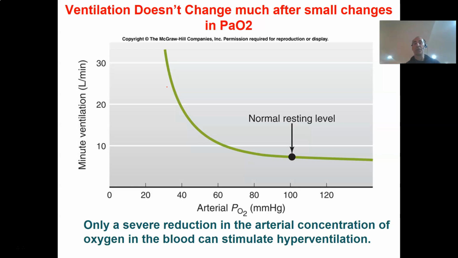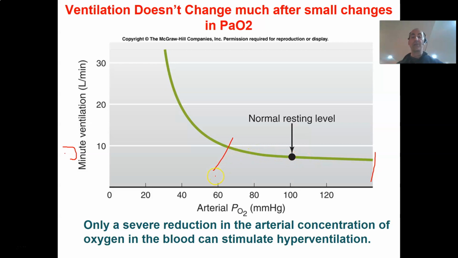Ventilation does not change much after small changes in PO2, and that's because the minute ventilation, V dot, over arterial PO2, because most of the curve in the ranges that you're going to see physiologically is flat.